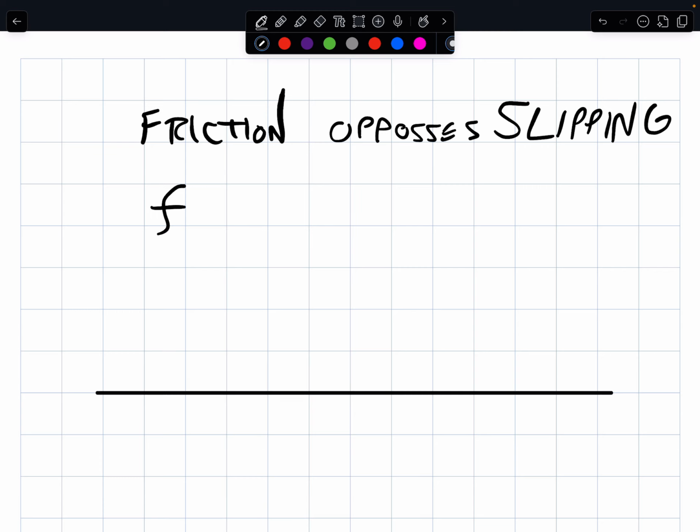It's a level surface, and here's a big box on the surface. And here's the guy pushing this big box. Oof.